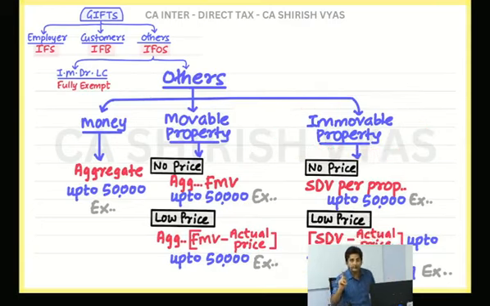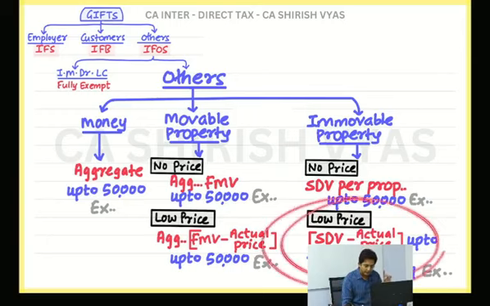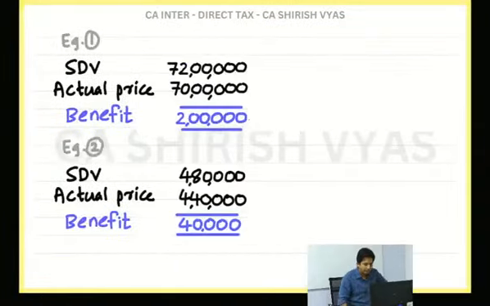If government doesn't make such rules, then whenever they are getting a gift, they will give some 5-6 rupees and say it was not a gift, I purchased it for 5-6 rupees. So that's why government has kept low price items also as gift. So try this example.